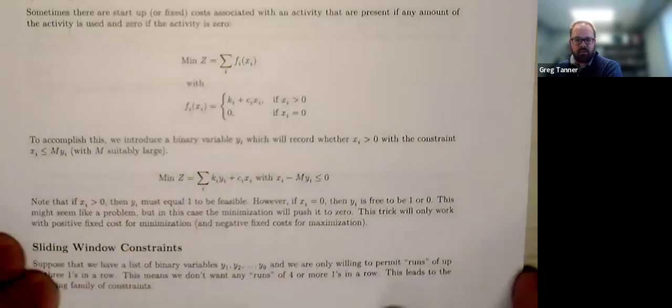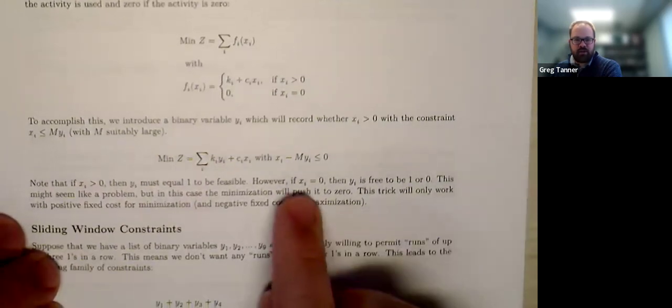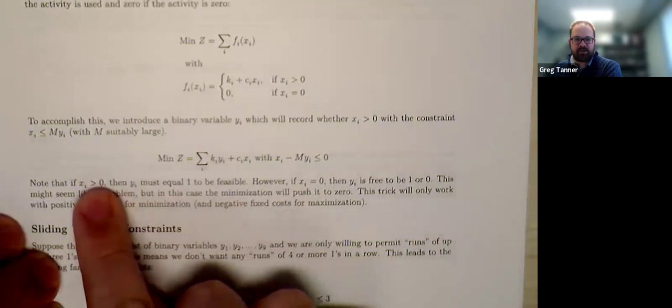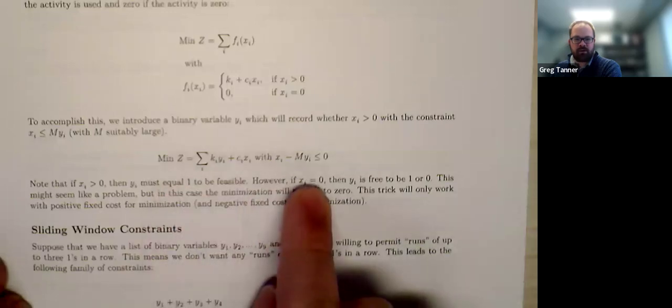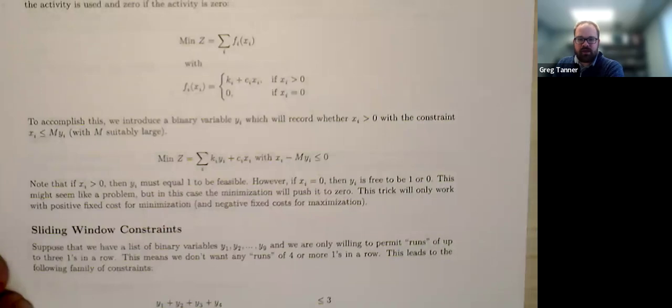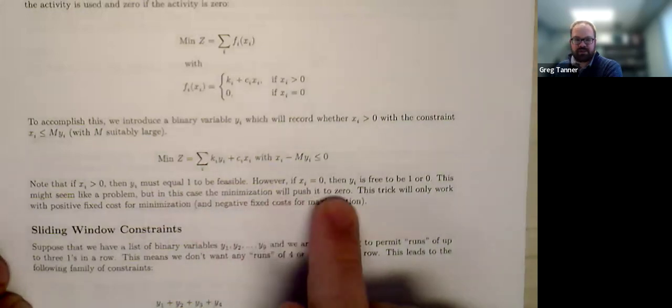I will say it might seem like there's an issue in that when x_i is greater than 0, it forces y_i to be equal to 1. That we want, right? However, you'll notice that if x_i equals 0, then y is free to be either 1 or 0. This might seem like a problem, but the trick is that the minimization will actually push it to 0 so that it doesn't incur that fixed cost.